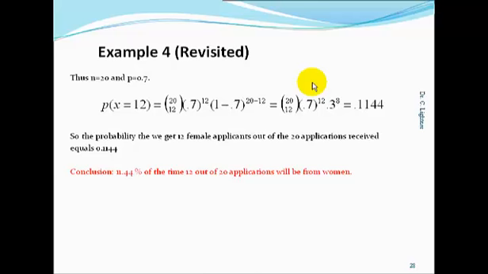So here, instead of writing 1 minus 0.7, we put the value 0.3. And instead of recording 20 minus 12, we put the exponent 8. If we enter this into our calculator, we should get the value 0.1144. So the probability that we get 12 female applicants out of 20 applications received equals 0.1144.